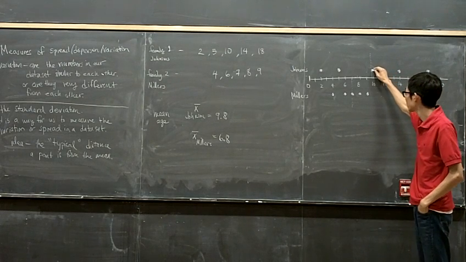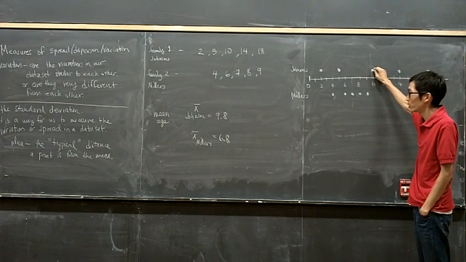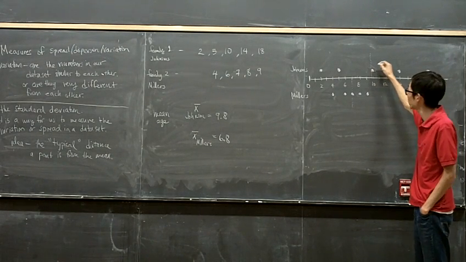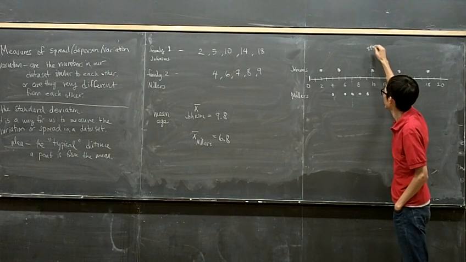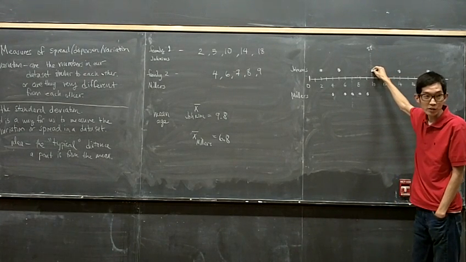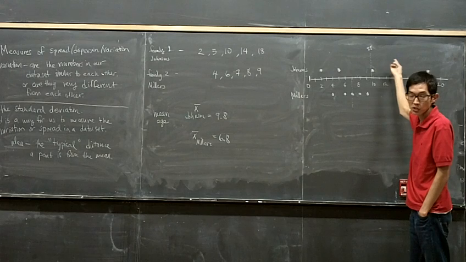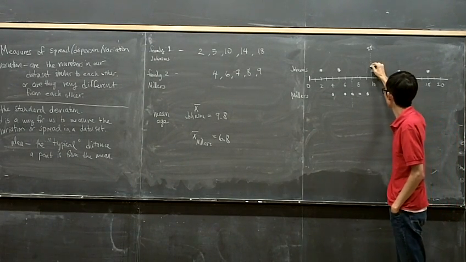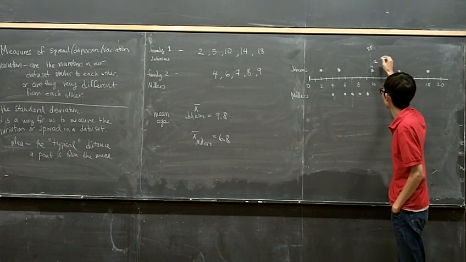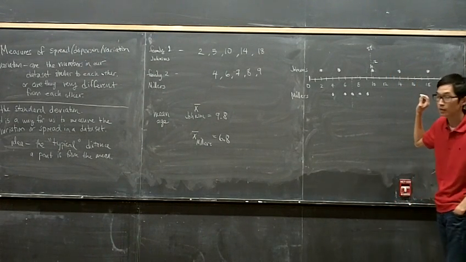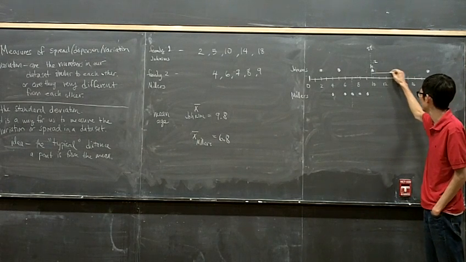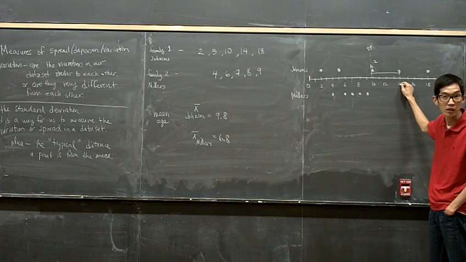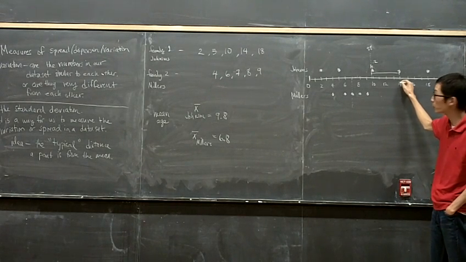So how far is the middle child from the average age? My average is 9.8, right? The middle child is 10 years old. This middle child is 0.2 years away from average, okay? How far away is this child from average? 4.2, right?